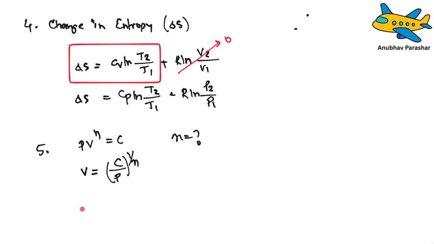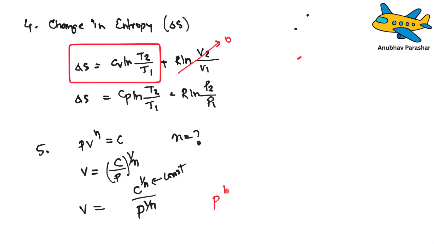Now this can be written as V is equal to C to the power 1 by n, which is also a constant, right? Because C is constant, divided by P to the power 1 by n. Now this is already a constant. Right? So volume can be constant only if P to the power 1 by n is equal to 1.